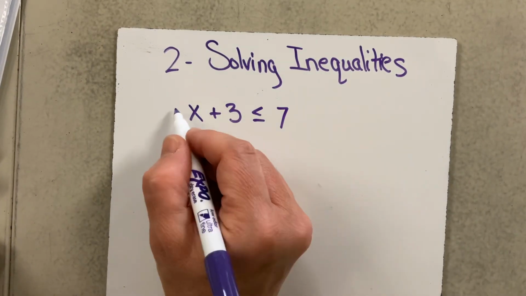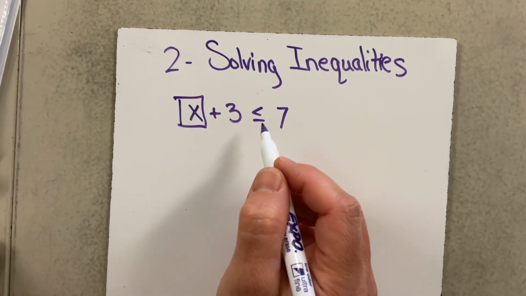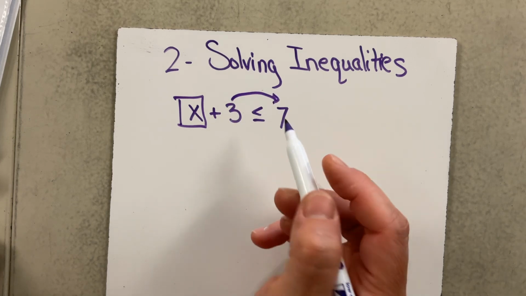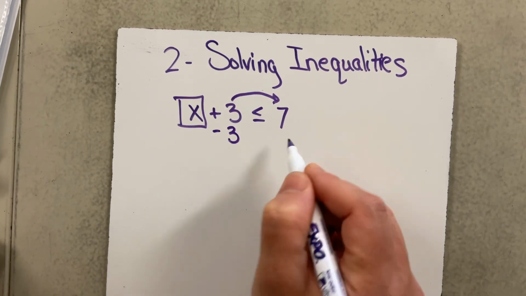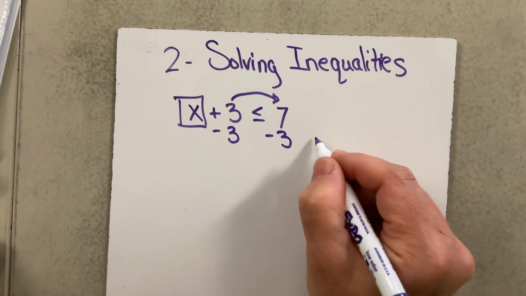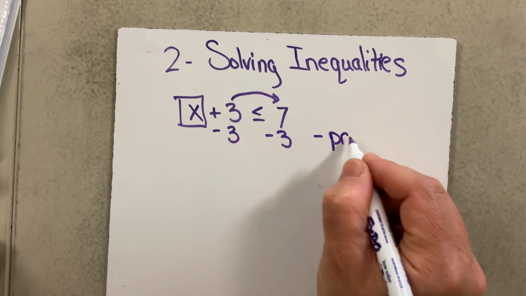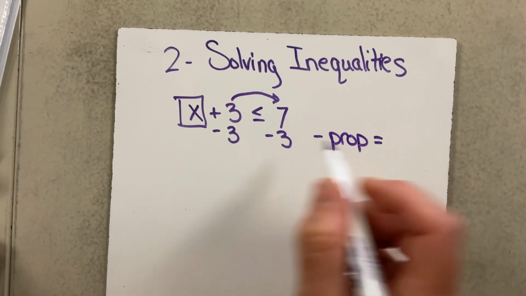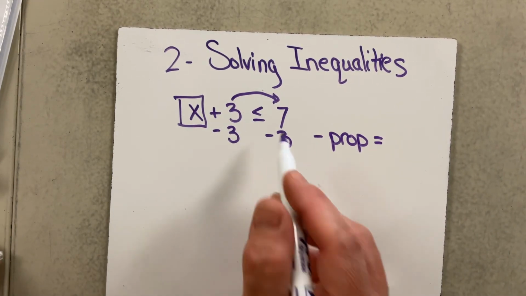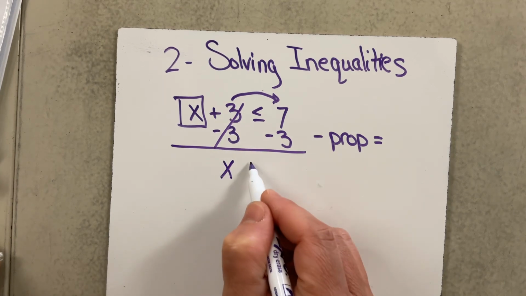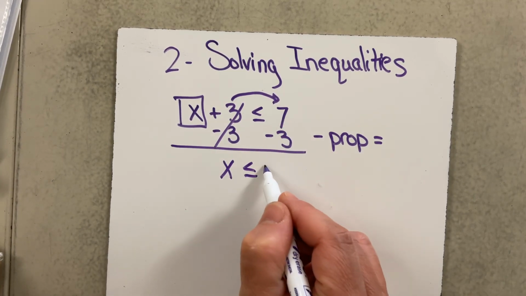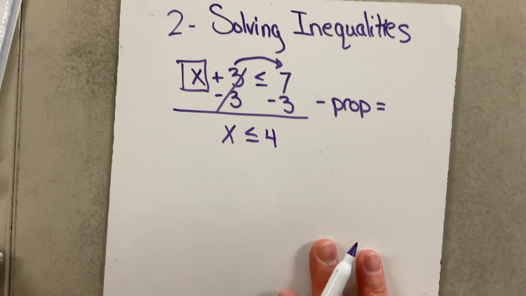Just like before, we're solving for our x. We want to get 3 to the other side, so we need to do the inverse, or the opposite. That is our subtraction property of equality. So we've shown it on both sides. It's equal still. That gives us x is less than or equal to 7 minus 3, which is 4.